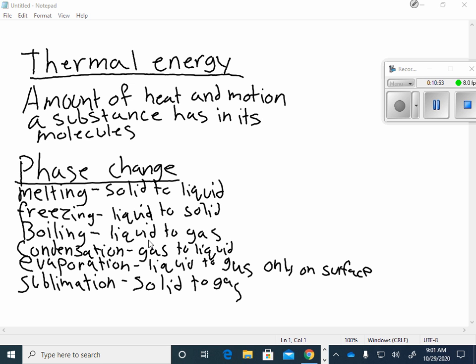In a second. But do we have any questions about these phase changes before we get started? Okay, we all have them down for reference. Okay, go ahead and get your iPads.